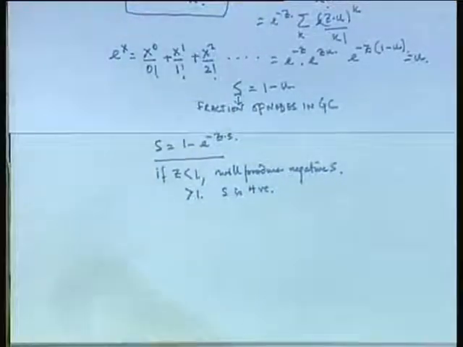So, immediately you get a phase transition: less than 1, small components; greater than 1, giant component. So, S is called an order parameter.